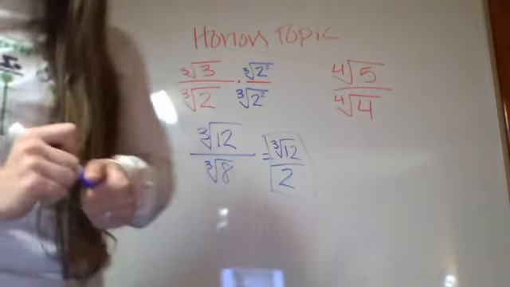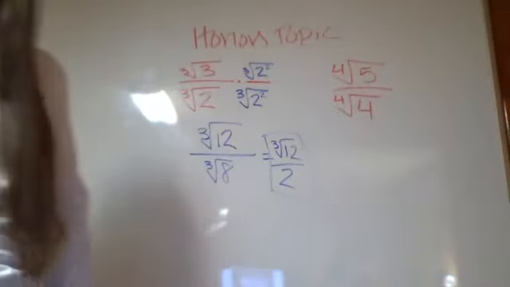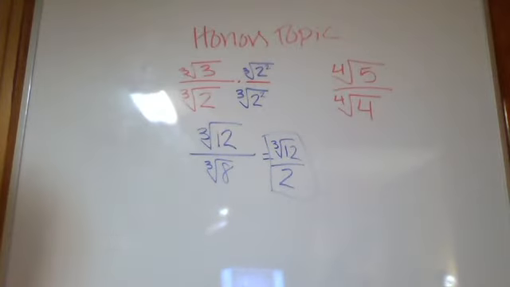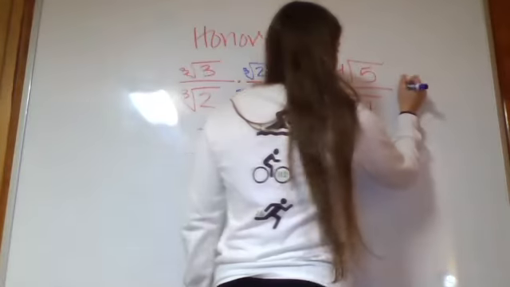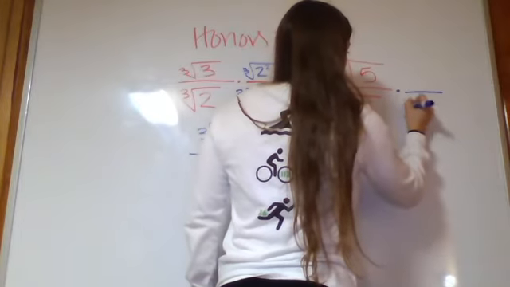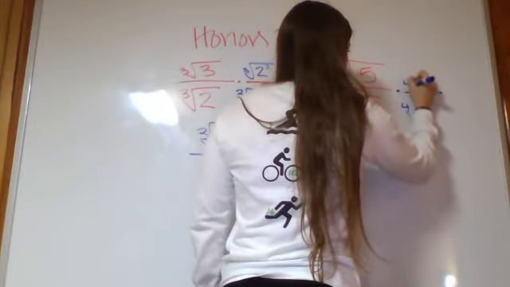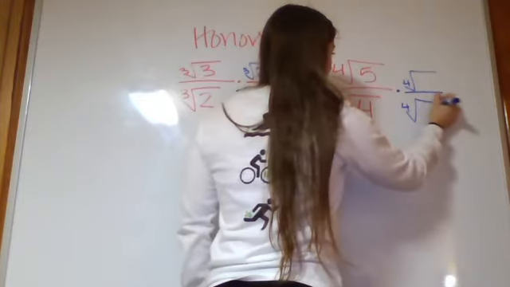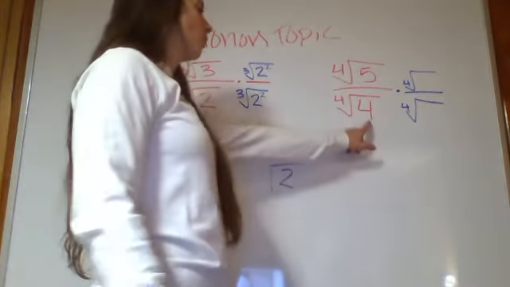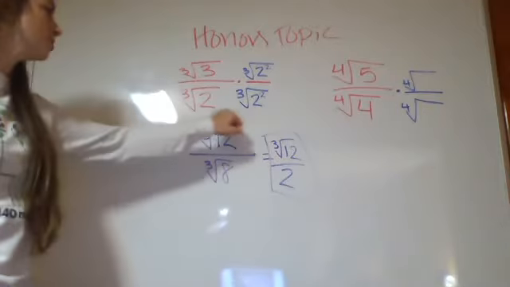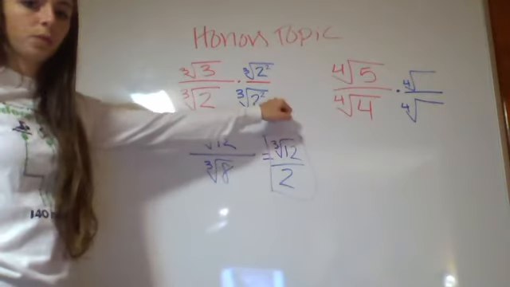Okay, so now if we are thinking about doing this same process for the fourth root of 5 over the fourth root of 4, again, I have to multiply by some number that's a fourth root, in which I can take the fourth root of the bottom and get a whole number. So the same process over here, we did 2 times 2 times 2.